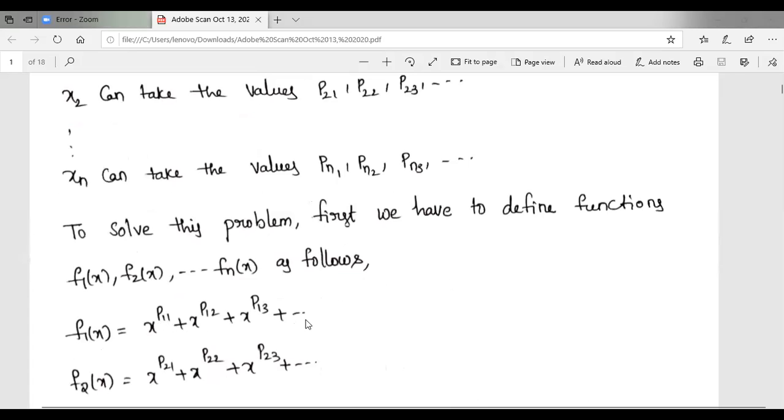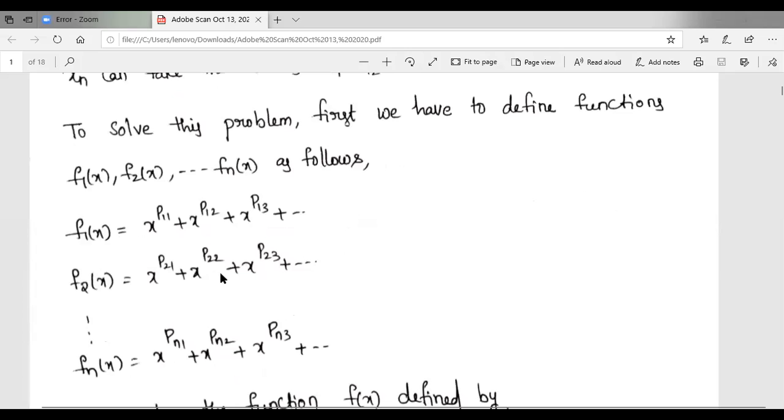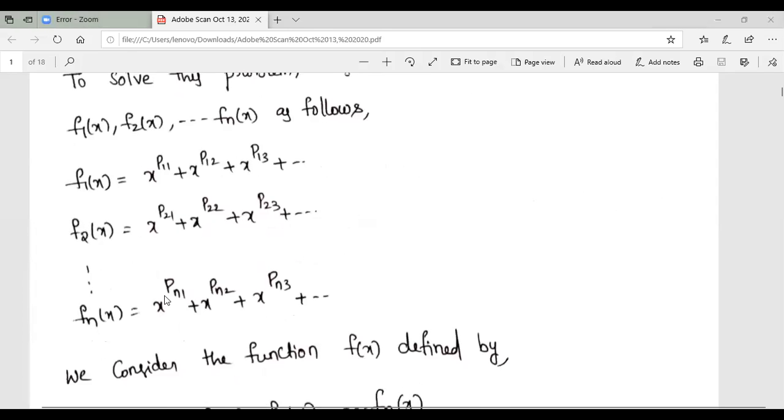Here p11, p12, p13 represent the positive integer values taken based on the given constraints. Then f2(x) = x^p21 + x^p22 + x^p23 + and so on, and so on, fn(x) = x^pn1 + x^pn2 + x^pn3 + and so on.